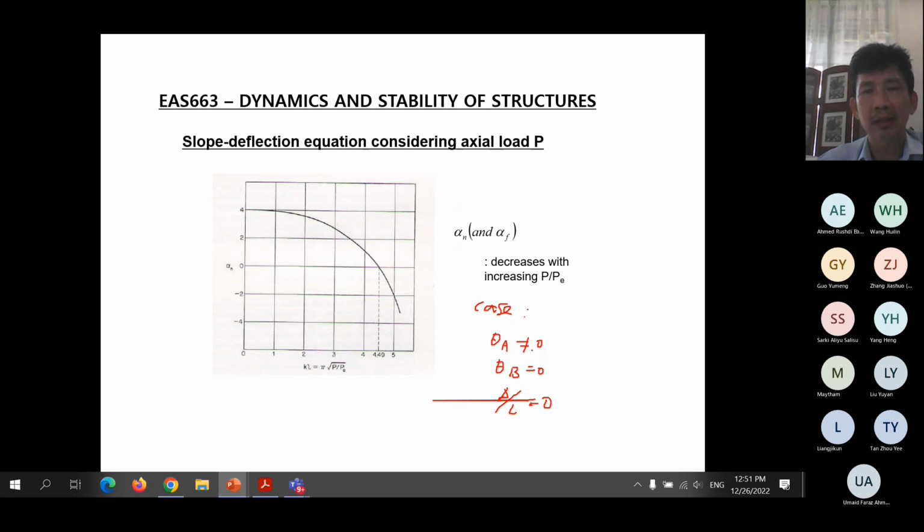We look at the case of a member where theta B is equal to 0, and then delta over L is equal to 0, means there are no translations, and we try to plot the alpha n in that case versus KL.